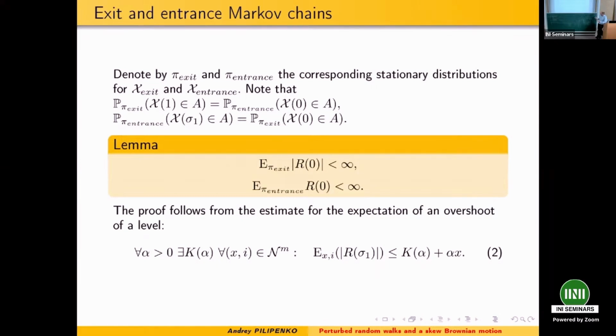To prove this, we use the following statement: for any alpha greater than 0, alpha may be very, very small, there is some constant k, that may be large, such that for any starting point x, the expectation of the overshoot is bounded from above by this. This statement was known, but it was very clearly formulated in Ladislav's paper.